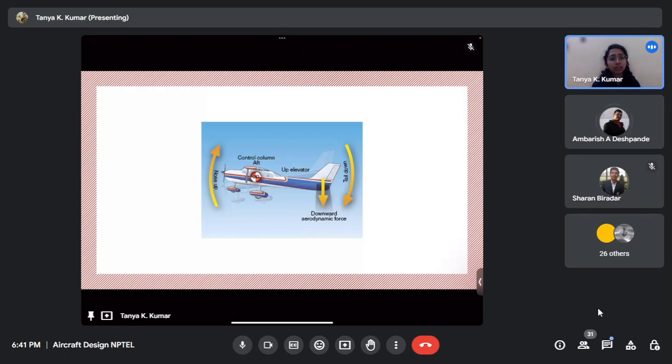Similarly, if you deflect the elevator down, the elevator is generally a symmetric airfoil. So you've introduced a positive camber, which produces a lift force in the upward direction, and it would produce a pitch down. So that is how the elevator controls the pitch or the orientation of the aircraft. Okay.